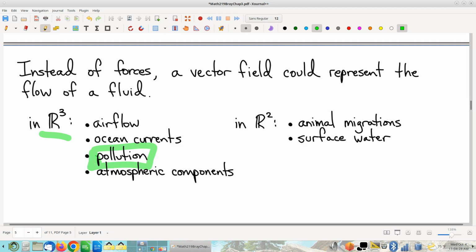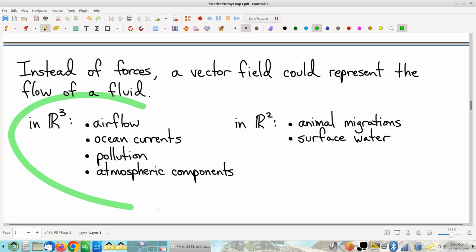You don't have to have actual wind, right, for pollution to kind of just dissipate, right? And you could talk about how is the pollution moving, vector field. And likewise, any other thing, what I'm going to call here atmospheric components, if you want to keep track of how the ozone is moving around inside the atmosphere or what have you, then also, again, vector fields.